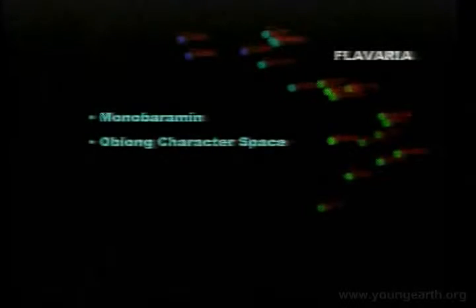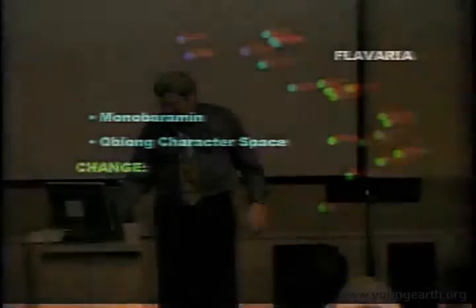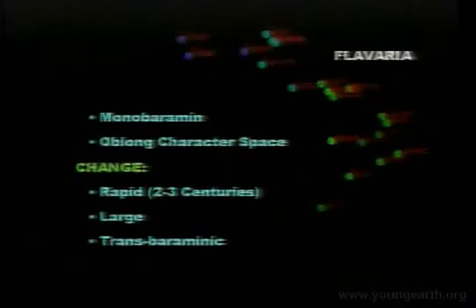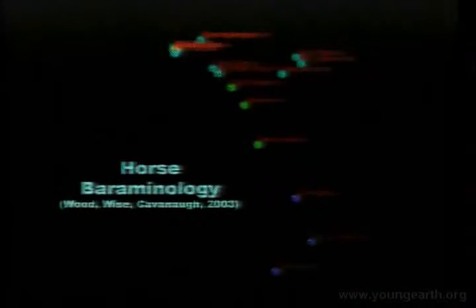Not just the C4, C3 stuff changed, but other parts of the plant changed so that the entire organism evolved through character space. Fascinating stuff. Change is rapid. Again, we estimate less than 2 centuries. It's a very large change in the sense of lots of chemistry and that sort of thing. It's transbarometric. It's occurring in more than one group at the same time in the world.